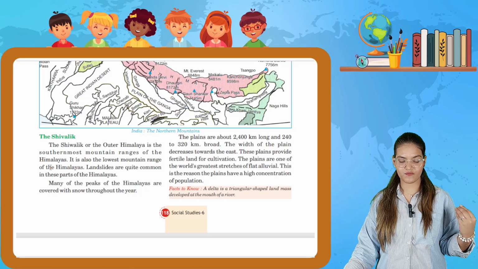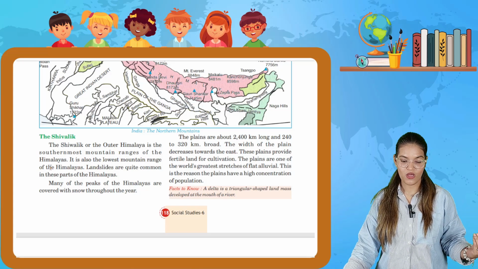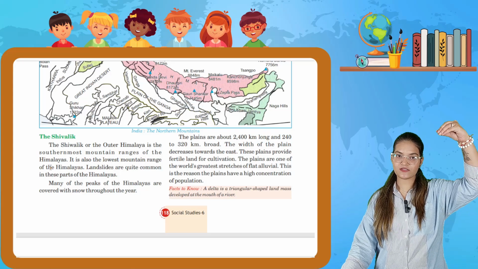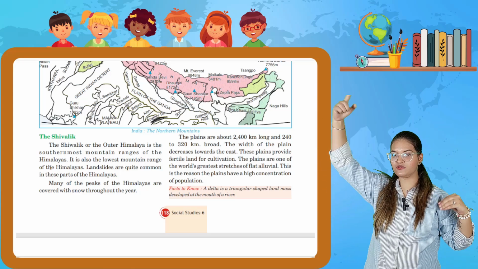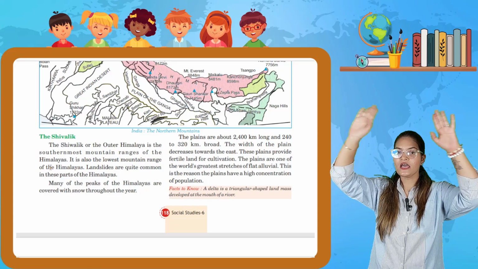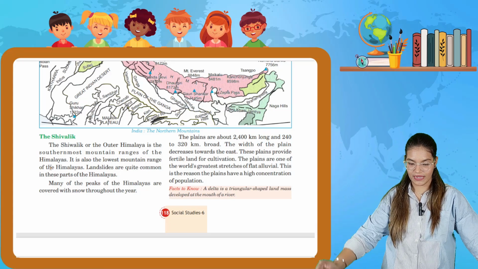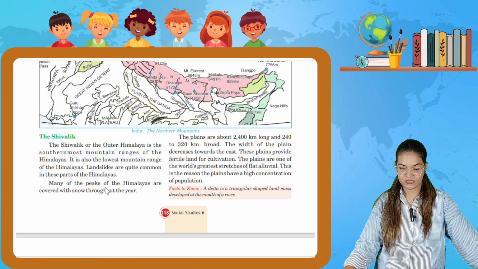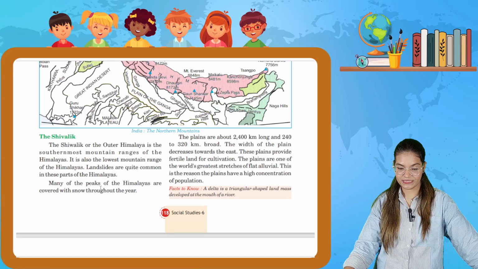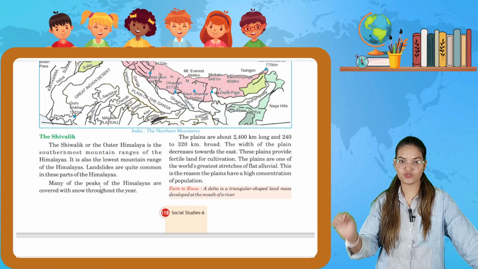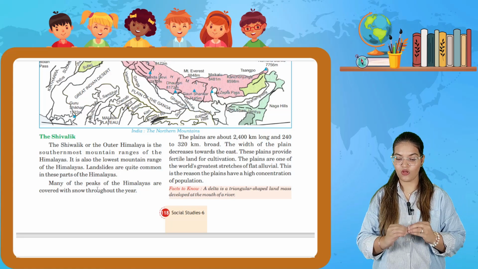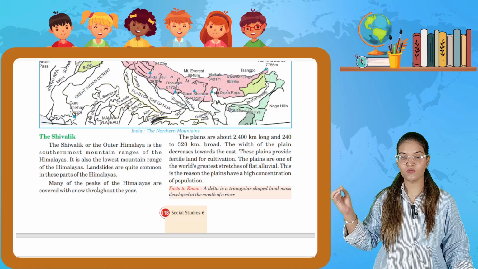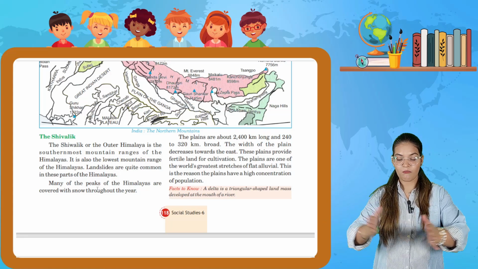Many of the peaks of the Himalayas are covered with snow throughout the year. The plains are about 2400 kilometres long and 240 to 320 kilometres broad.